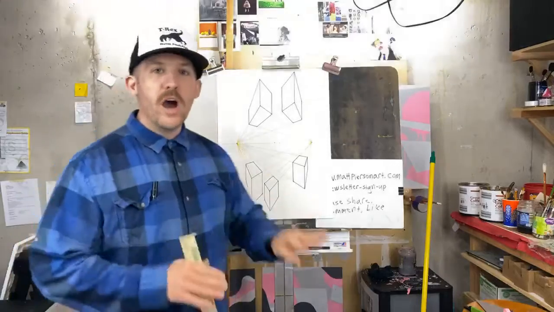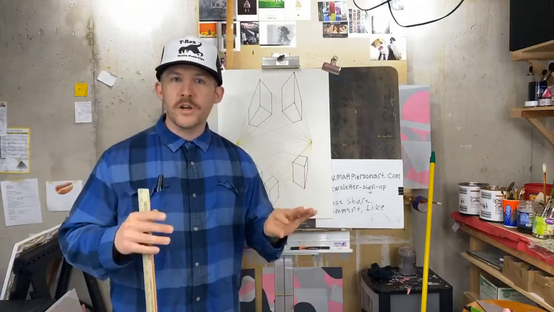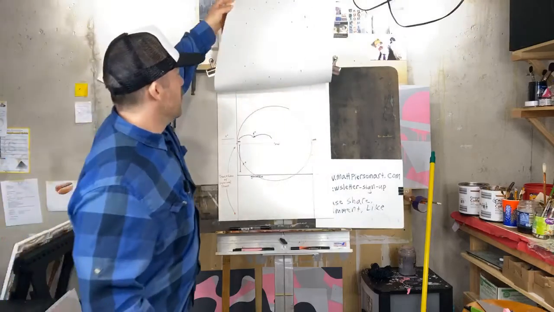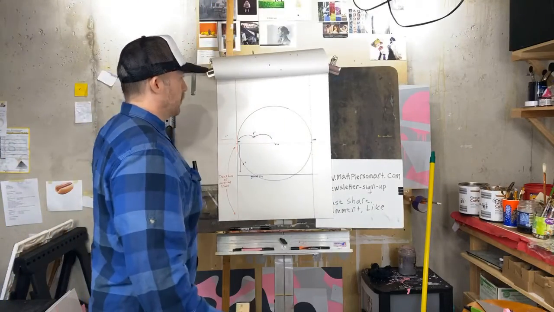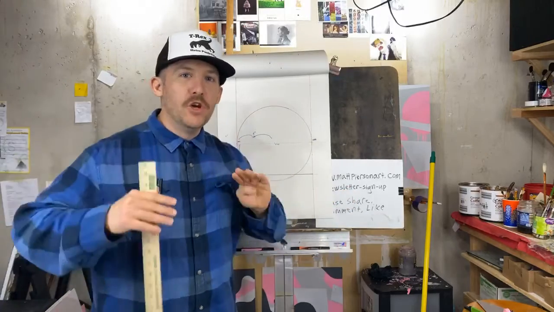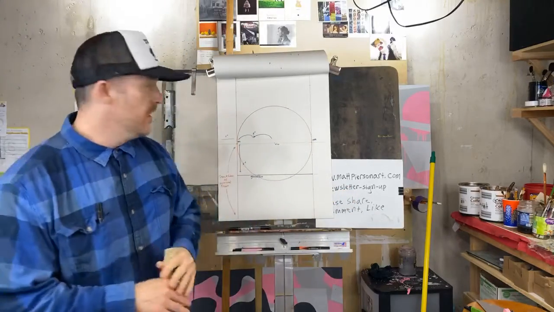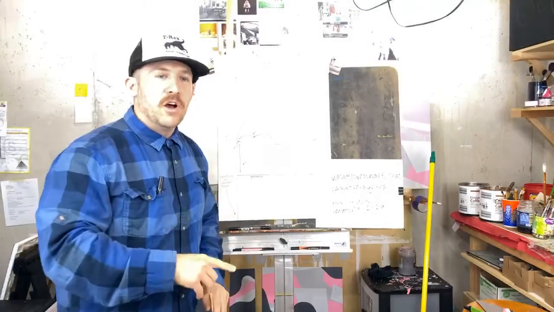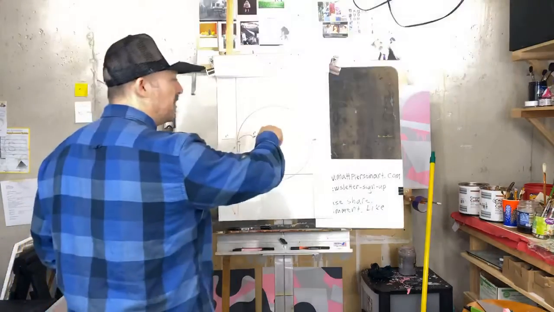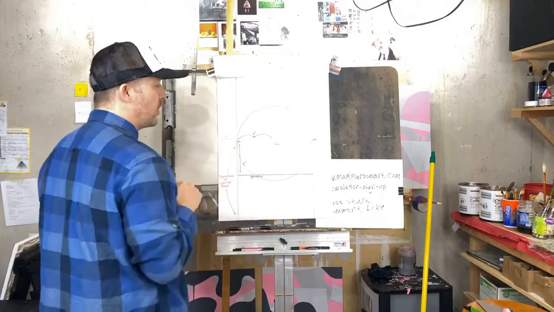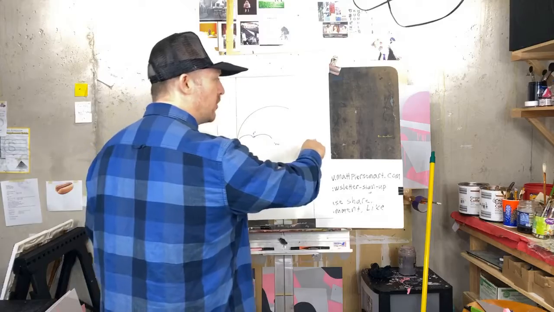The reason why your shapes look wonky or weird is because of something called the cone of vision. The cone of vision in two-point perspective and one-point perspective is basically an imaginary circle that is the radius from your central vanishing point to your vanishing point left or your vanishing point right.